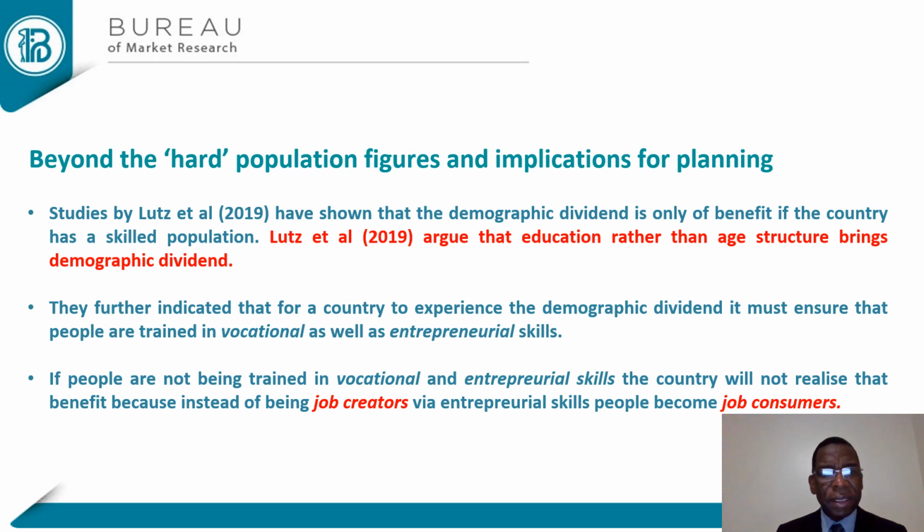They further state that for a country to experience the demographic dividend, it must ensure that people are trained first in vocational and second in entrepreneurial skills. If people are not being trained in vocational and entrepreneurial skills, the country will not realize that benefit, because instead of being job creators via entrepreneurial skills, the people become job consumers.